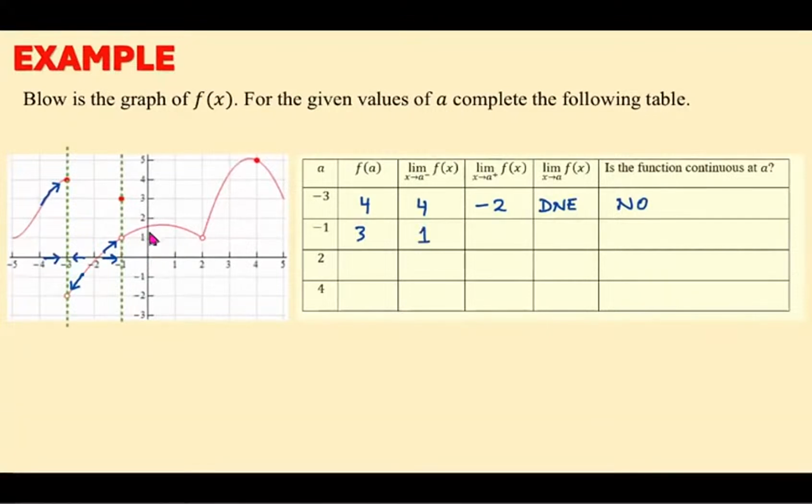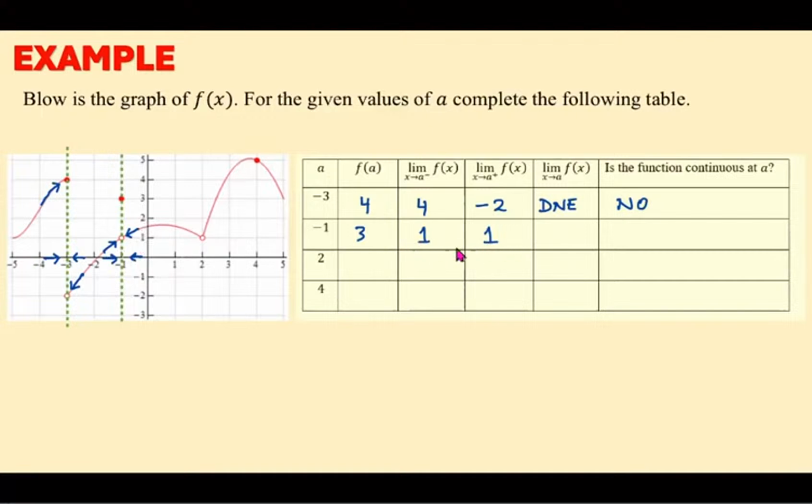And then let's find the limit from the right. When x approaches 1 from the right, the graph is going closer and closer to that hole there, and you can see the value there. So from the right also, the limit is 1.